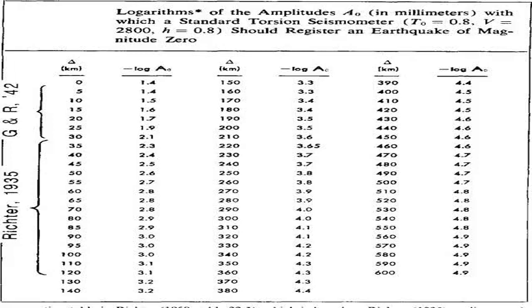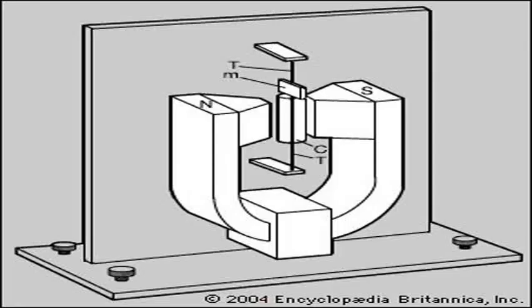Third, he specified the Wood-Anderson seismograph as the standard instrument for producing seismograms. Magnitude was then defined as the logarithm of the maximum trace amplitude, expressed in microns, measured at a distance of 100 kilometers. A maximum amplitude of 1 micron on a seismogram recorded by a Wood-Anderson torsion seismograph.